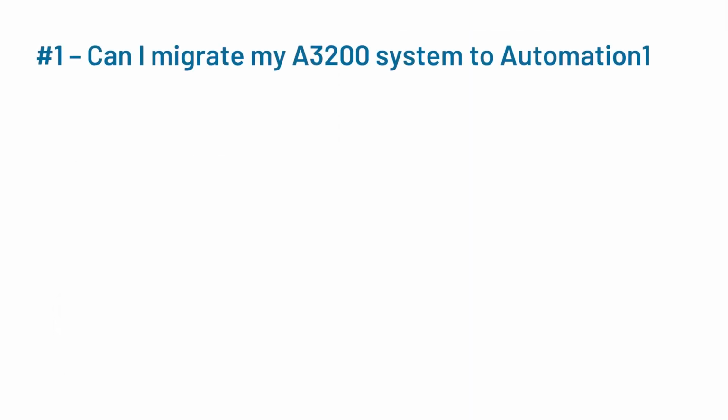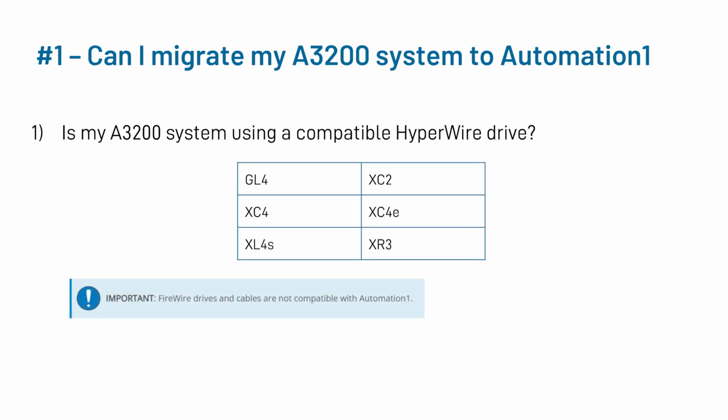Alright, let's begin. The first topic we need to discuss when you are migrating is, can we migrate? To determine this, the first thing we can look at is the list of drives that were used in A3200 that are also compatible with Automation 1. These are hyperwire drives, meaning that they can use the new hyperwire fiber optic communication bus. If your system is using the older FireWire interface, unfortunately you will not be able to migrate those drives.